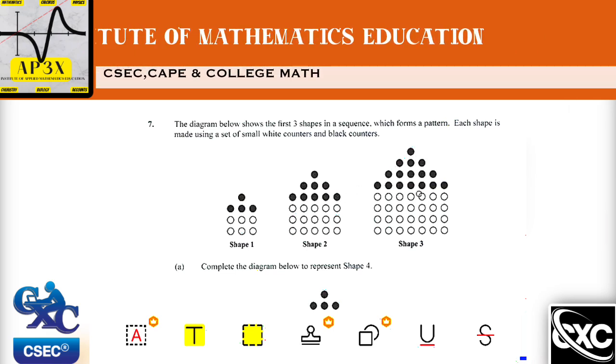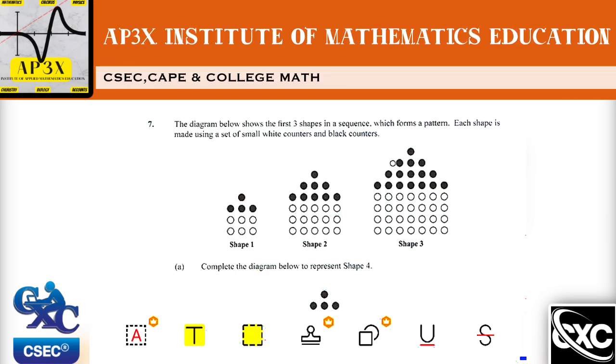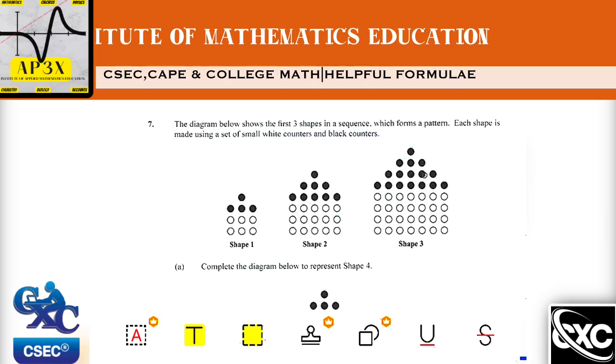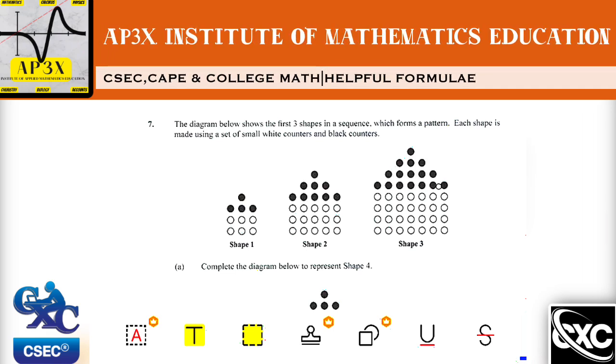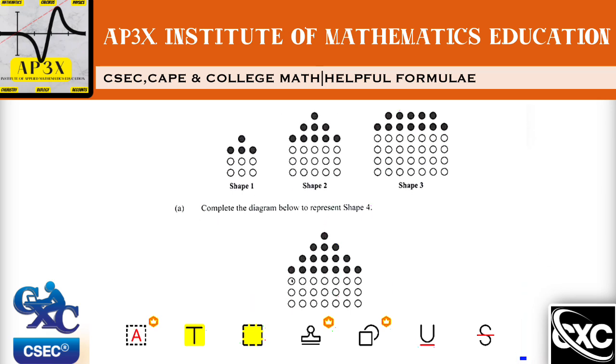Then we look at shape 3 here, we had 1, then we increased this row by 2, so we got 3, increased this row by 2, we got 5, then again we increase this row by 2 more, so we end up with 7.